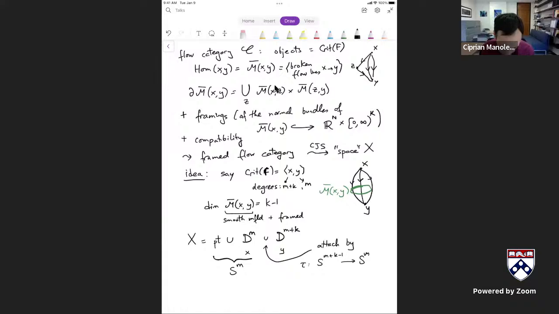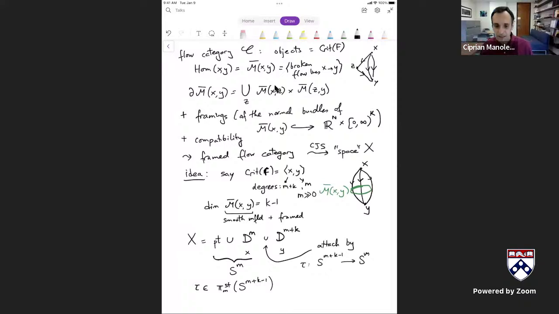Well, we can think of this as an element in the stable homotopy groups of spheres. So the thing is, in Floer theory, we don't really have absolute gradings. So we can always just change our grading by some suspension.